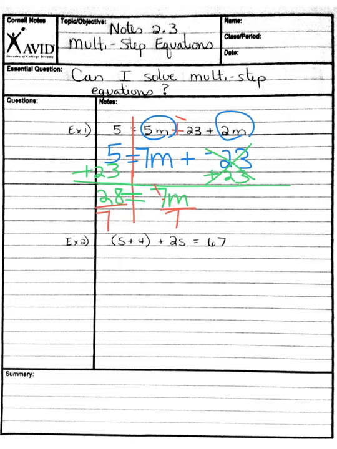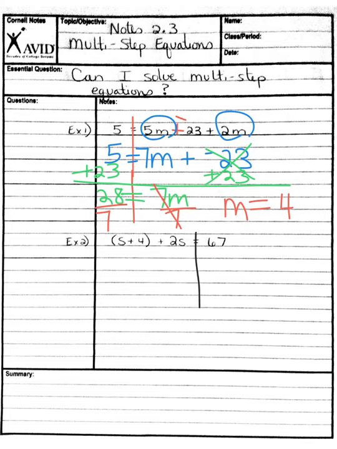So we end up with 7 divided by 7 is just plain m equals, and 28 divided by 7 is 4. And we're done. We solved for m. We could check our work by substituting back into the original problem like we have in our other examples. Let's move on to example 2.